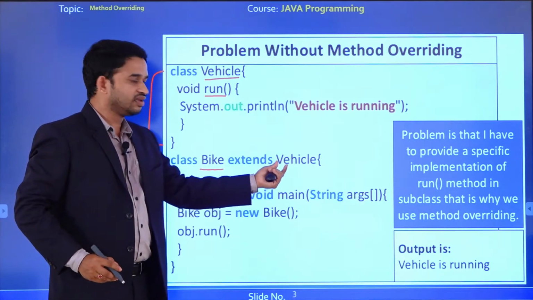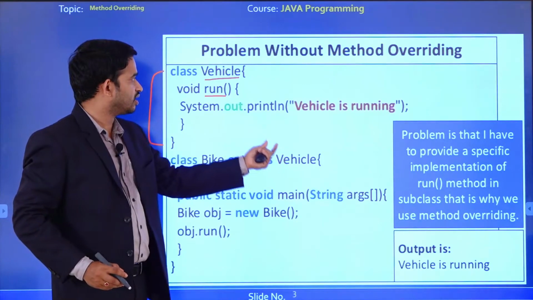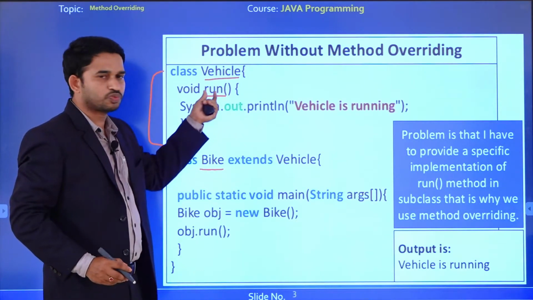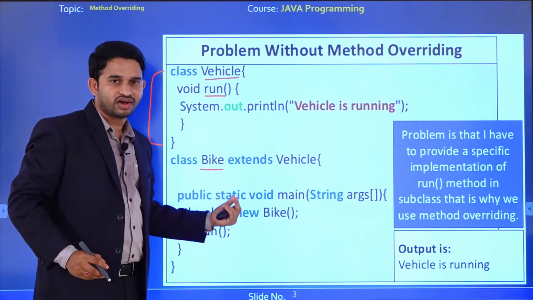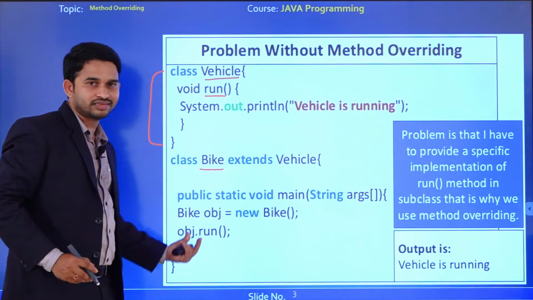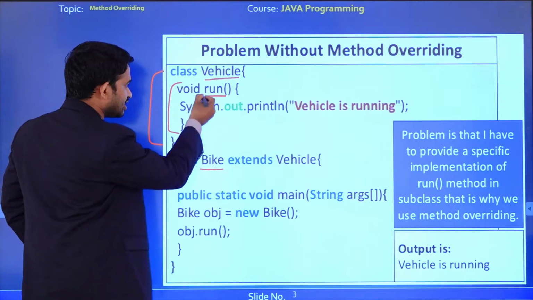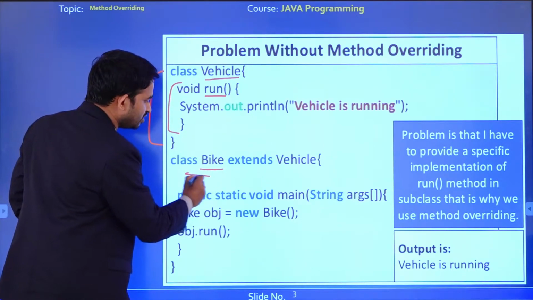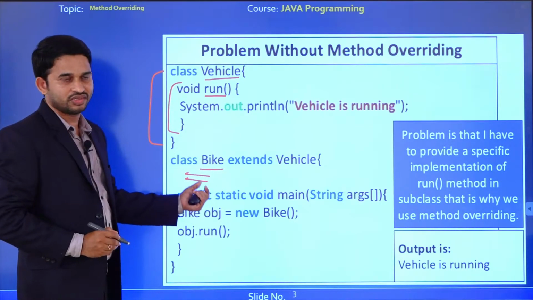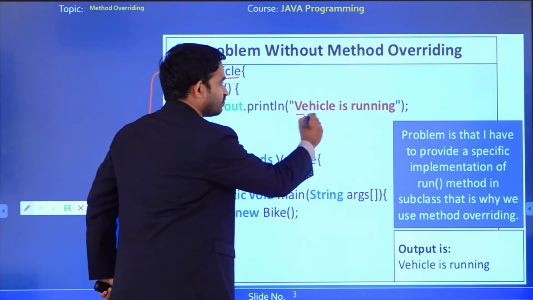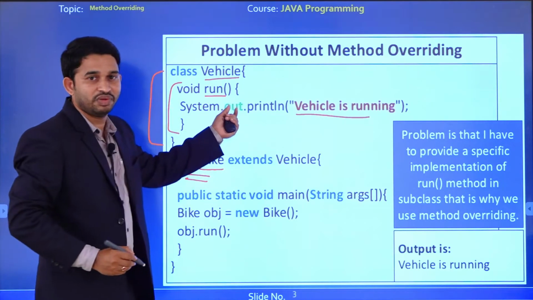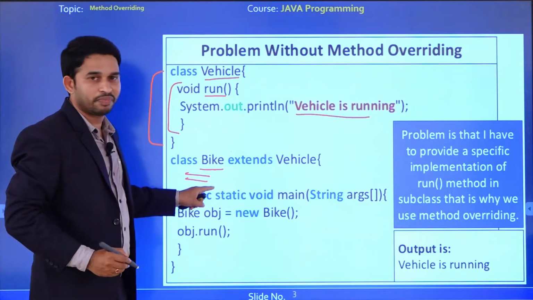All the properties we declared inside Vehicle are acquired by the Bike subclass. It means the same implementation of the run method is available in the Bike subclass.